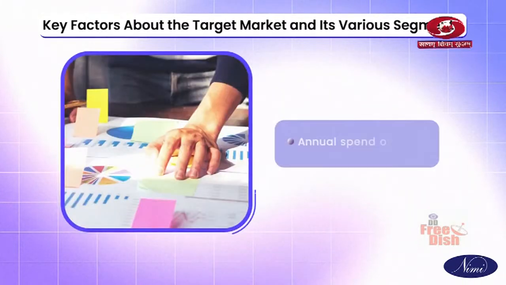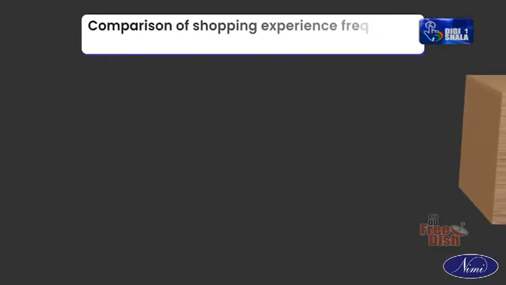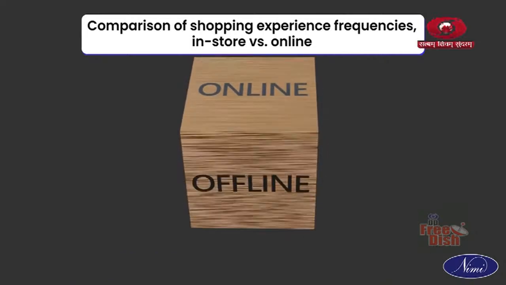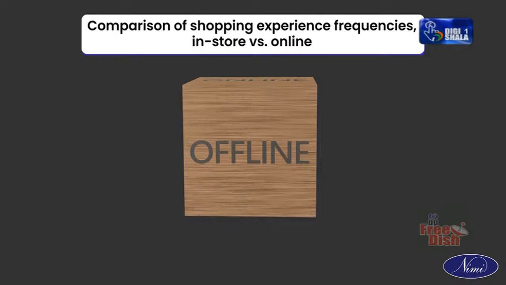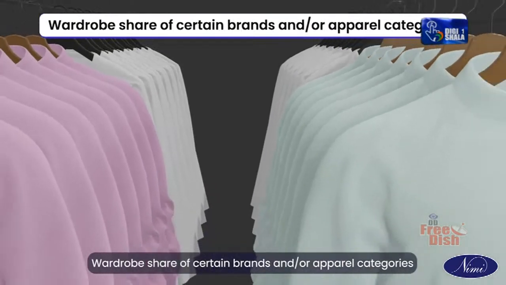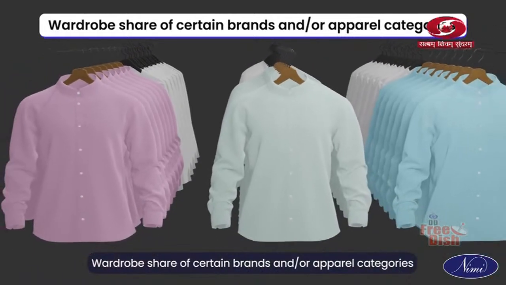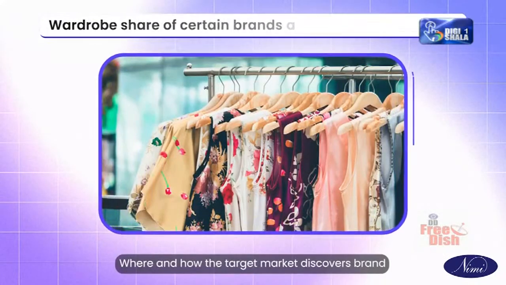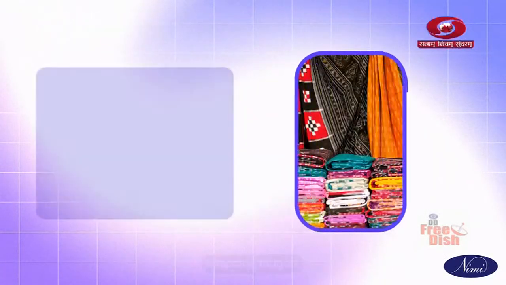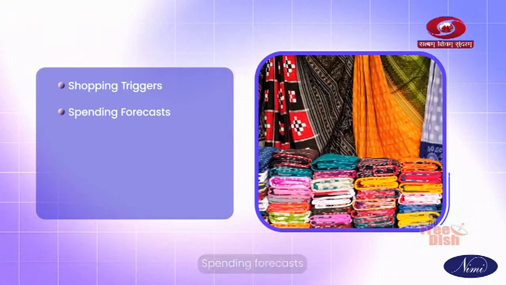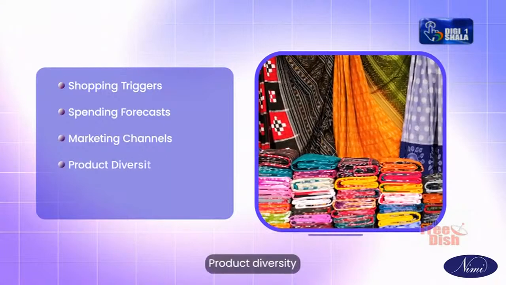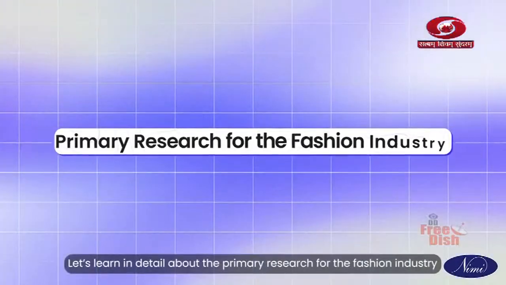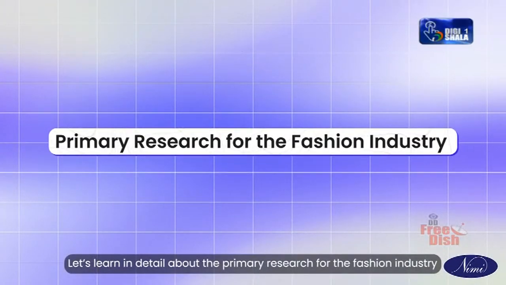These include annual spend on fashion, a comparison of shopping experience frequencies in-store versus online, wardrobe share of certain brands and/or apparel categories, where and how the target market discovers brands, shopping triggers, spending forecasts, marketing channels, product diversity, how in-demand products or brands are. Let's learn in detail about the primary research for the fashion industry.